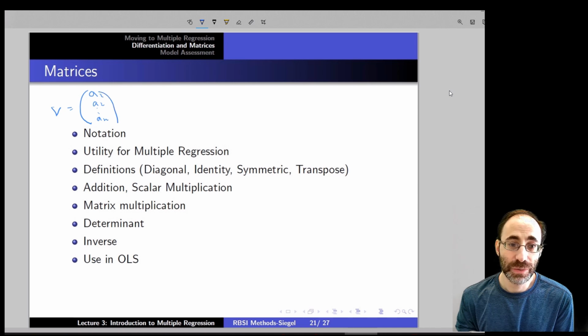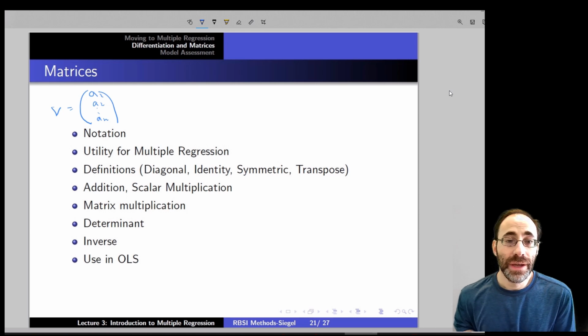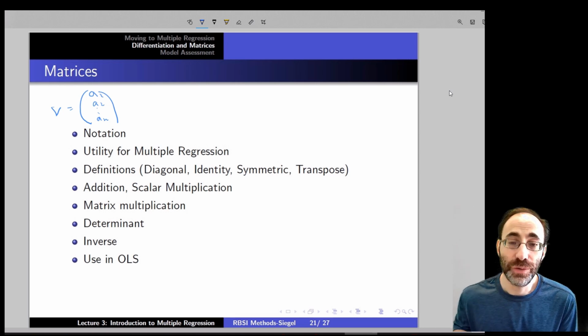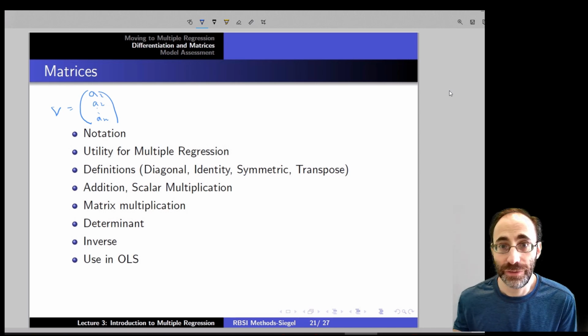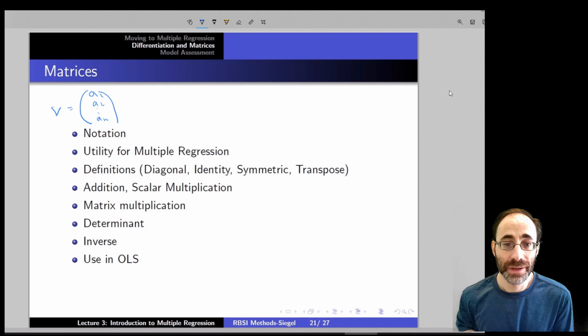Each one of these was an element of the vector. And we dealt with vectors by treating them element by element. So if we wanted to add two vectors, we added the corresponding elements of each vector. If we wanted to multiply by a number, we multiplied that number by each element of the vector. Okay, so those are vectors.